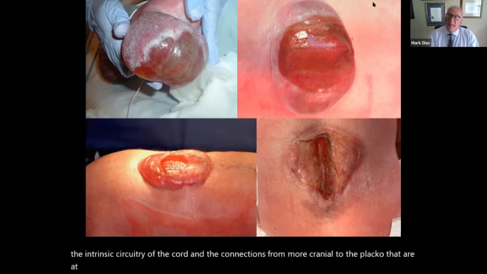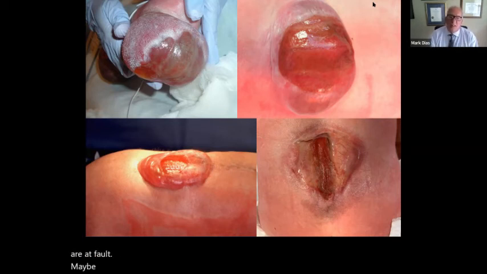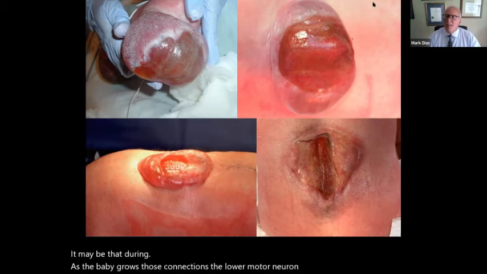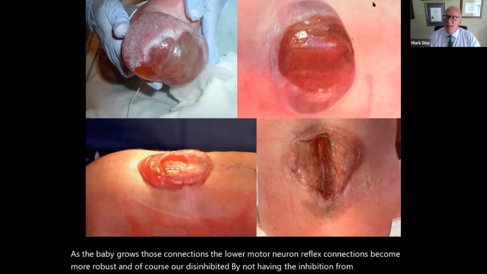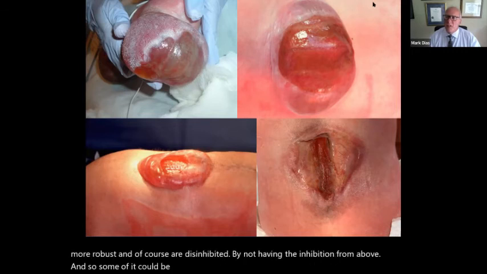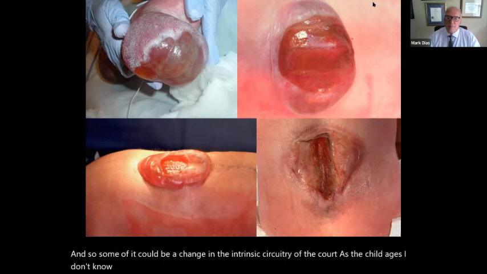And it may be that as the baby grows, those connections, the lower motor neuron reflex connections, become more robust, and of course are disinhibited by not having the inhibition from above. And so some of it could be a change in the intrinsic circuitry of the cord as the child ages. I don't know. That's pure speculation on my part.